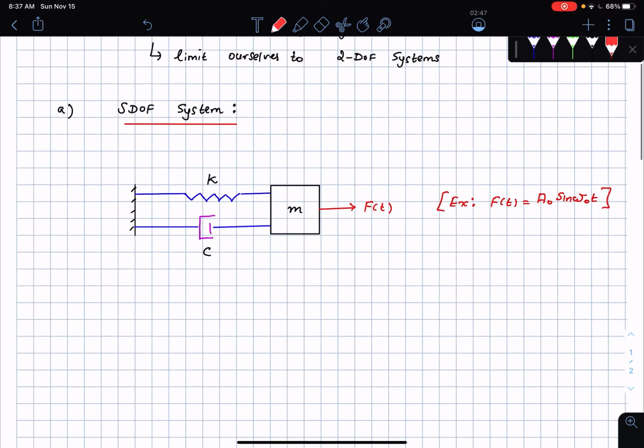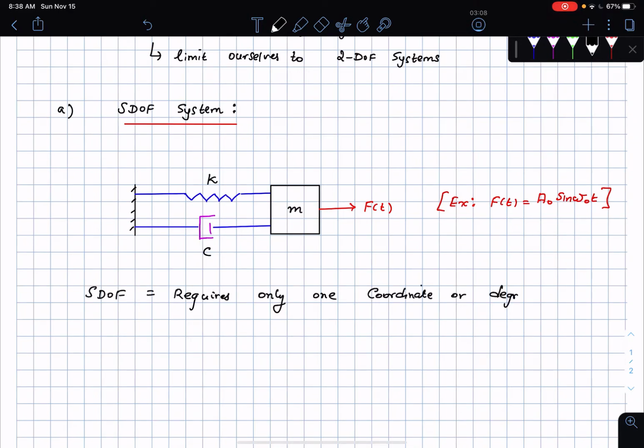Now, a single degree of freedom system requires only one independent coordinate to completely describe its position at any point in time. So a single degree of freedom system requires only one coordinate or degree of freedom to describe its position at any point in time.